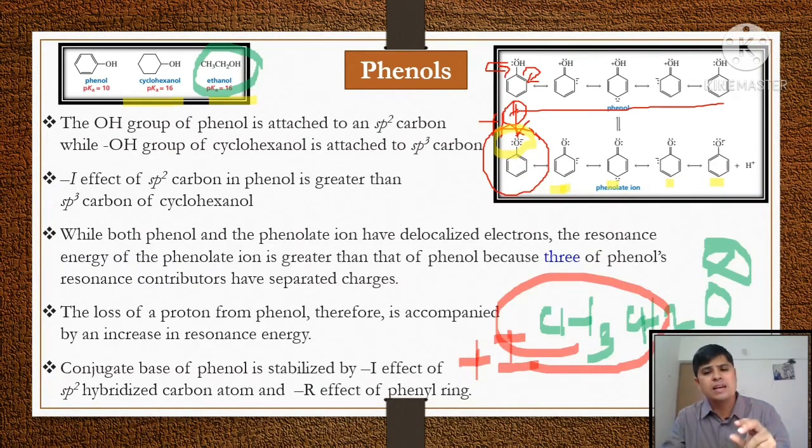So this ethyl group will increase electron density over this electronegative oxygen atom. Already the oxygen atom of the ethoxide group is negatively charged, and this ethyl group has a plus I effect, which will increase more electron density on the oxygen atom which is already negatively charged.